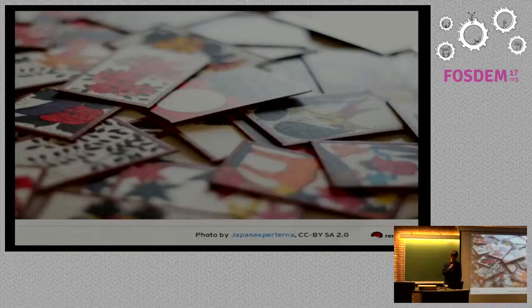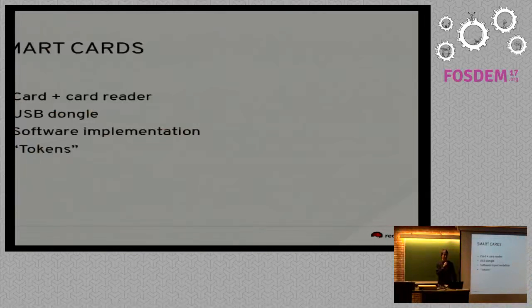So smart cards, maybe everyone knows what a smart card is, but they can look in a different form factor, such as usual banking cards or national ID cards, or it can be something like a USB dongle, like USB sticks, and there are even software-only implementations, such as software HSM. So in our terminology, they can often be called tokens instead of smart cards.